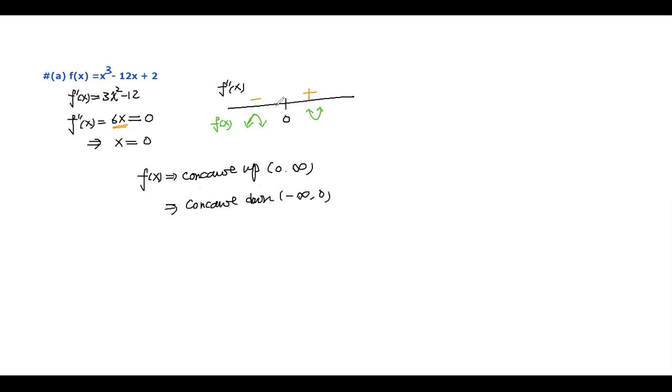And then take a look at x equal to 0. Here is where the concavity changes, right? So now I know the inflection point is going to happen at x equal to 0, right? Then f of 0 will be equal to 2. So I know my inflection point is (0, 2), right?